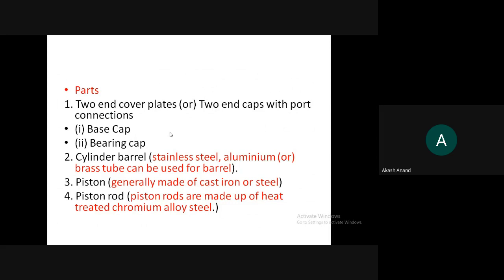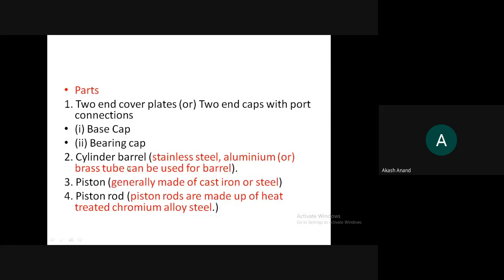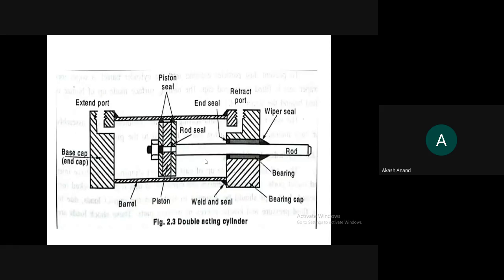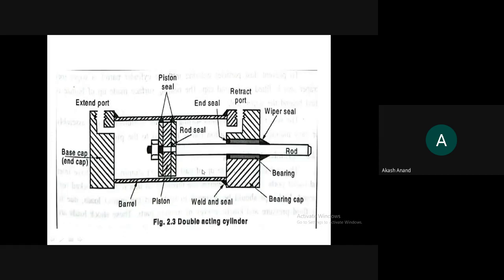The cylinder barrel is made of stainless steel, aluminum or brass. This is a cross-sectional view, and this is nothing but the cylinder. Then the piston is generally made of cast iron or steel.